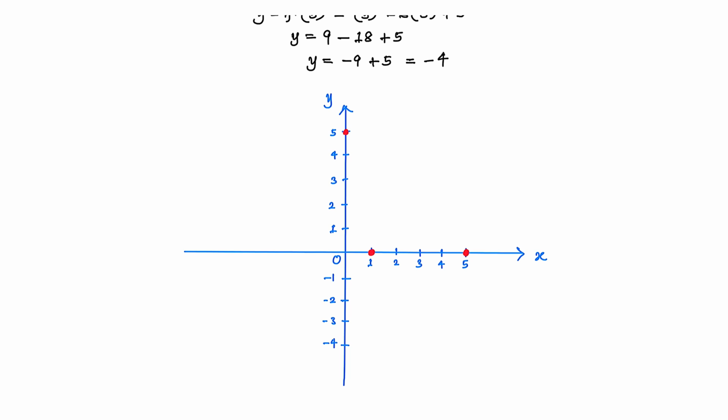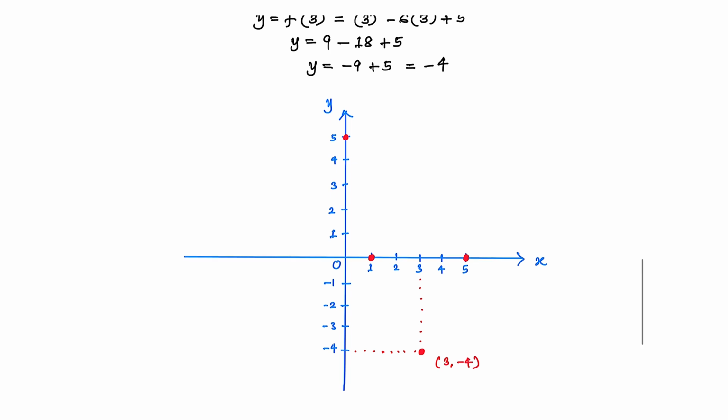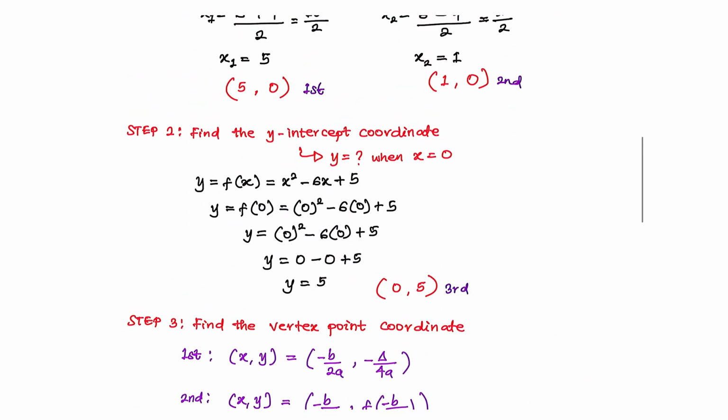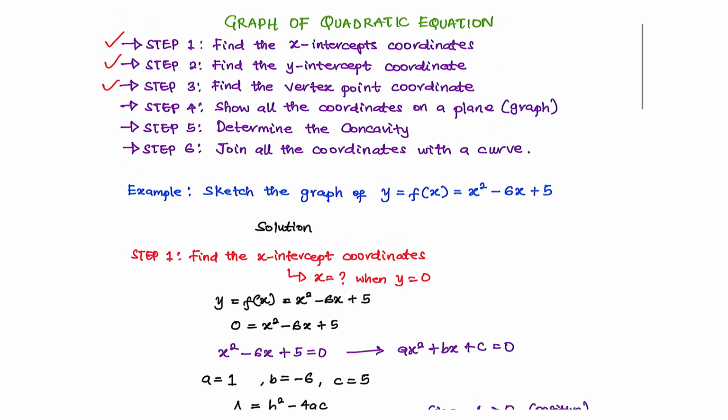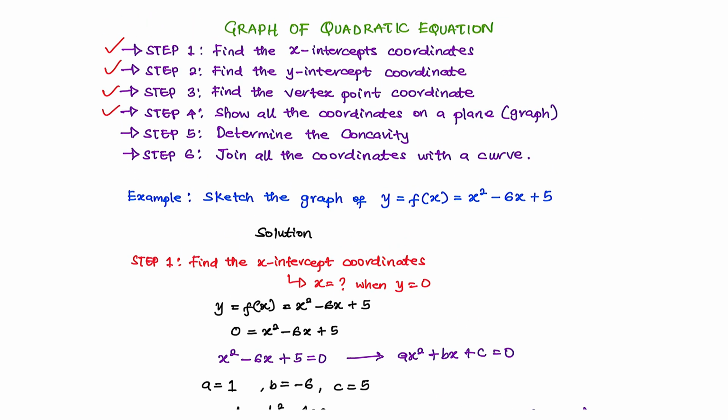So 3, minus 4 means x is 3, y is minus 4. When I drop this point and I drop minus 4, these two numbers will meet at this point. Hence, this point here is 3, minus 4. So we've drawn all 4 points. Hence, we've completed step 4.